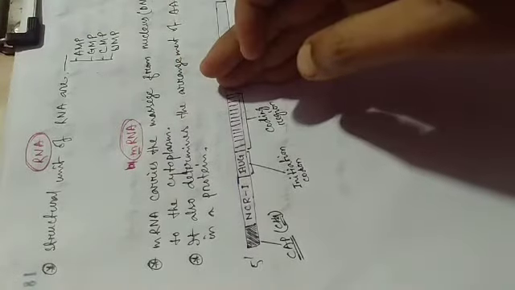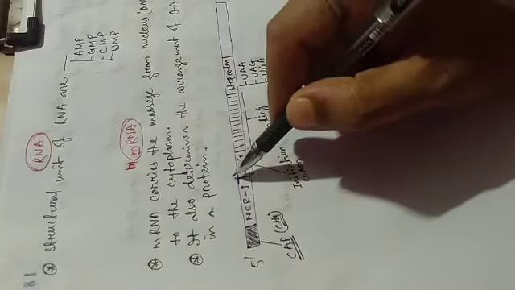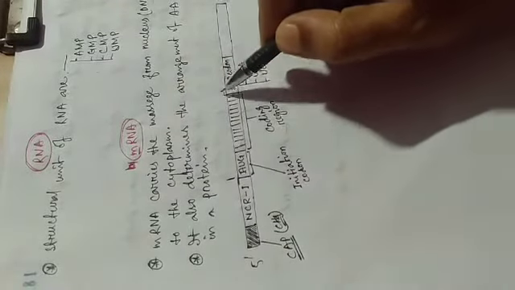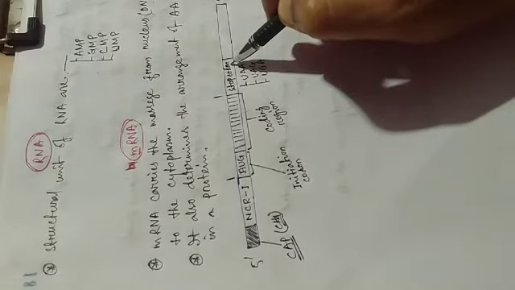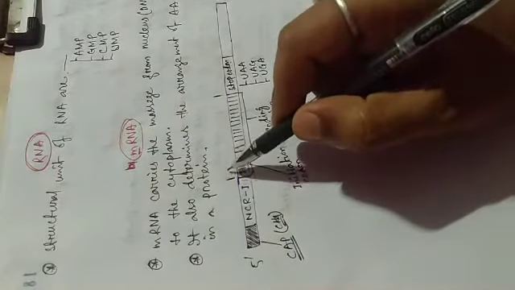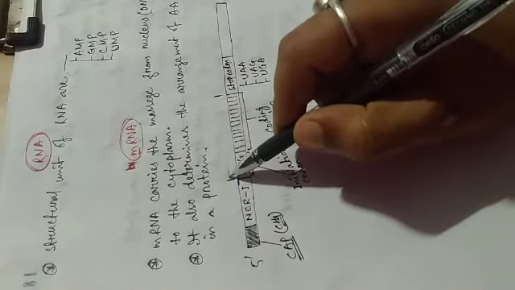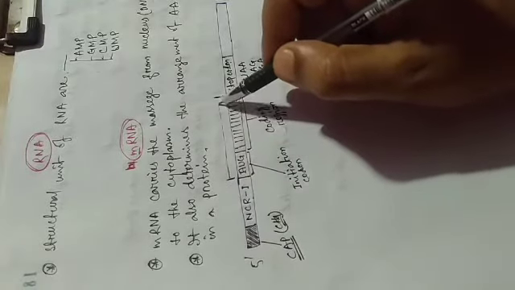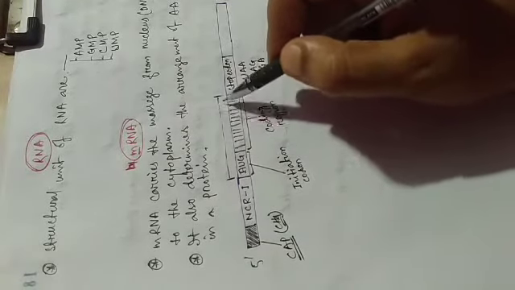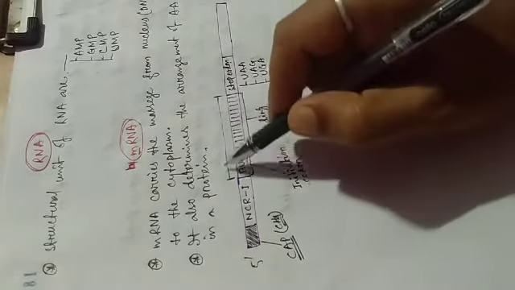It stops the protein synthesis process. So protein synthesis starts at one point and ends at that point, because a stop codon does not code for any amino acid, so the formation of the peptide chain ends at that point.